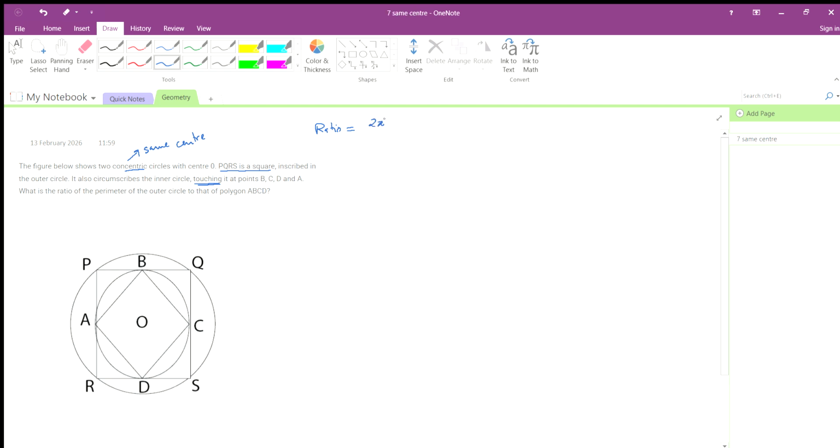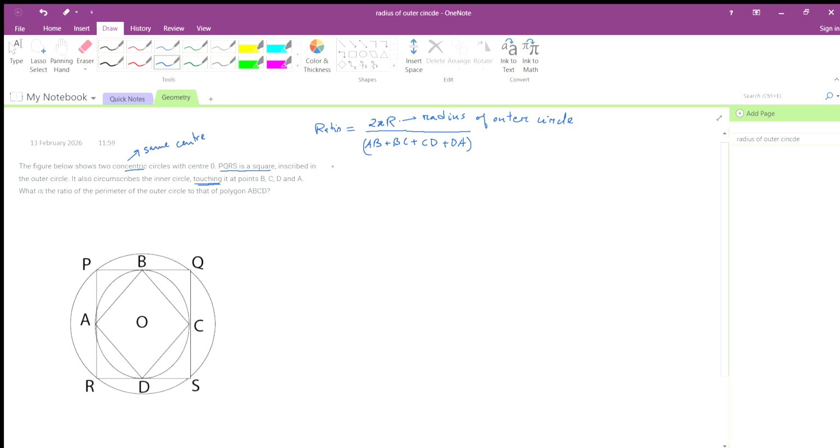So it's 2 pi r, the radius of outer circle, and perimeter of polygon ABCD, AB plus BC plus CD plus DA. We have to find this.